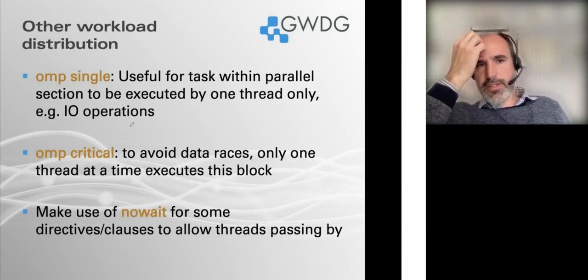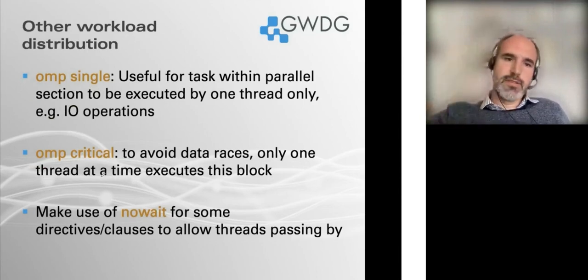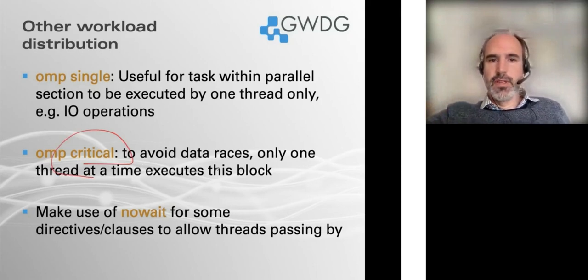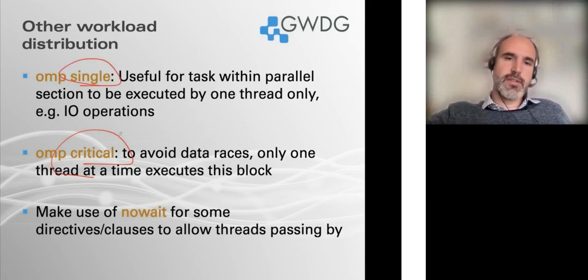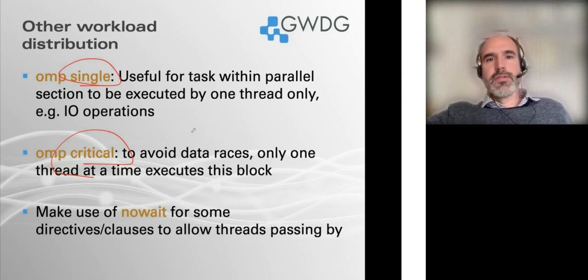The idea of parallelization is to distribute the workload, and we had this critical section which I mentioned before. But we also have this single directive, omp single. This is useful for tasks within parallelization to be executed by one thread only.